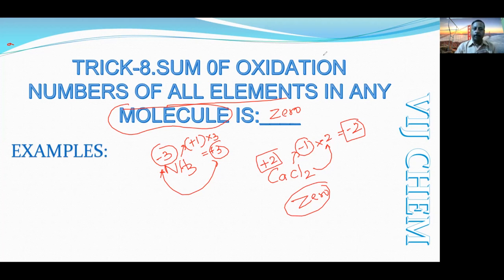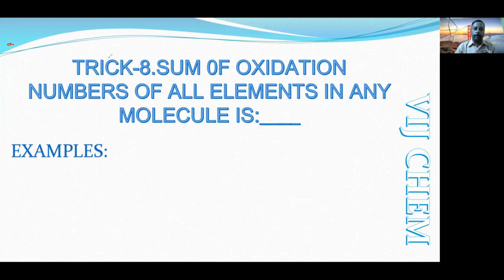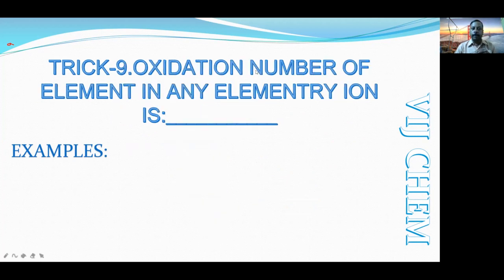Then we will go for rule or trick number 9, which is mostly useful for the oxidation number of oxygen. Trick numbers 9 and 10 are very important. Here you can say the oxidation number of any element in an elementary ion is equal to its charge.